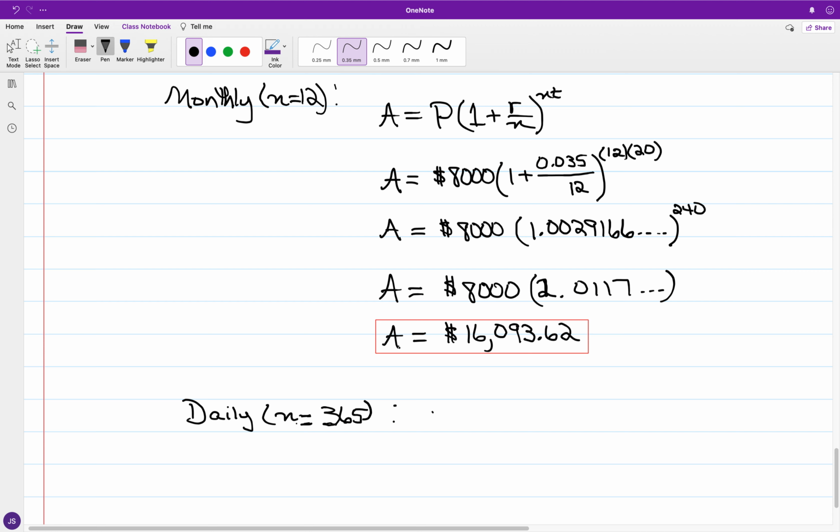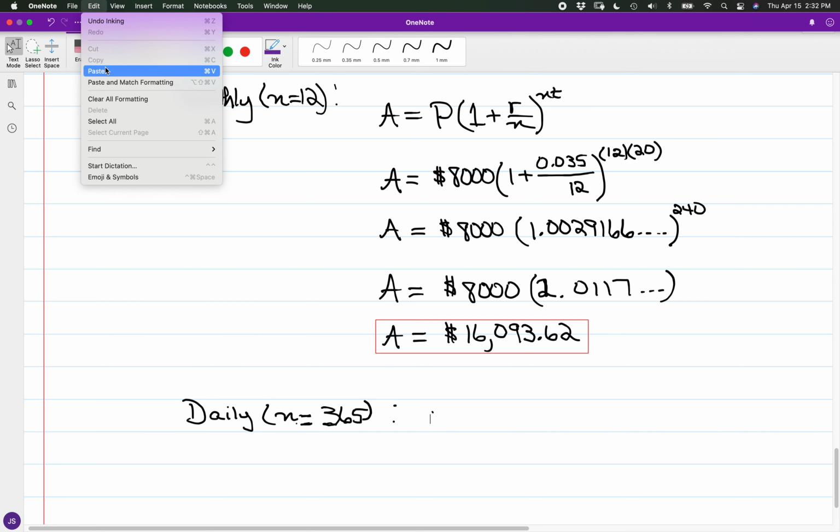Okay, so let's see. We have the numbers here. You've got a small decimal, 0.035 to begin with.